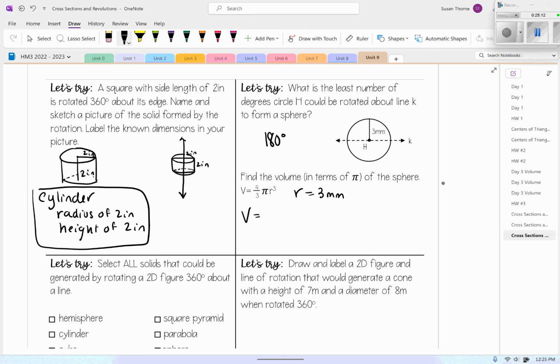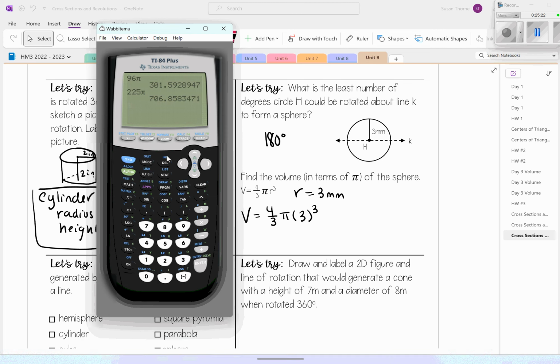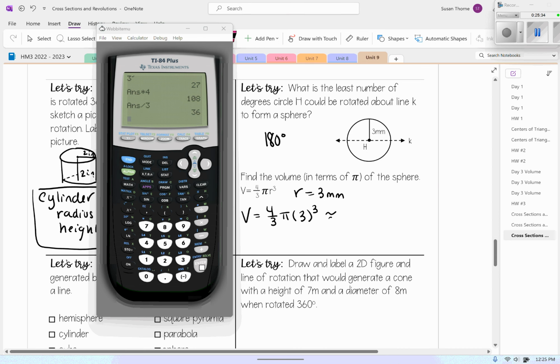So the volume equals 4/3 pi times 3 cubed. If we multiply this out, 3 cubed is 27, or if you don't know, you can plug it into your calculator. Then we multiply that by 4 and divide by 3 to get 36 pi. Notice I did everything without the pi in it to get the exact answer first.